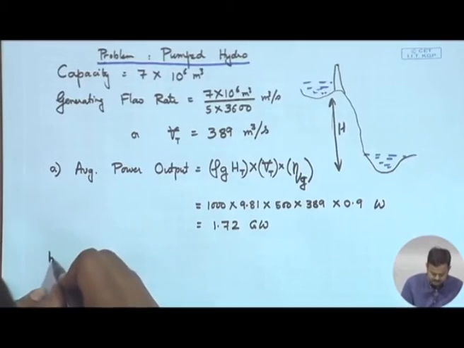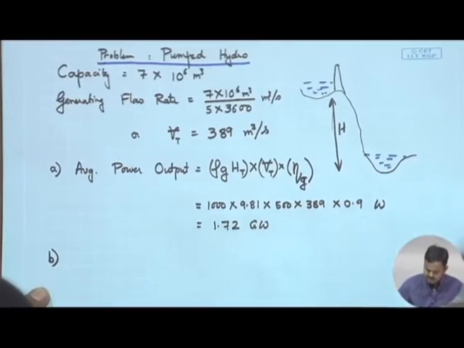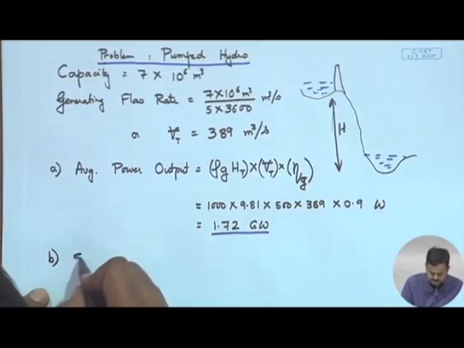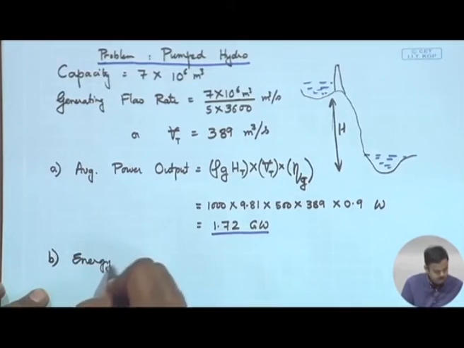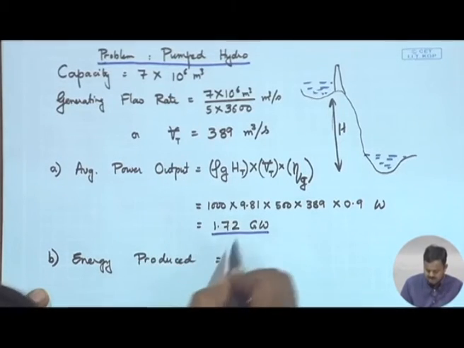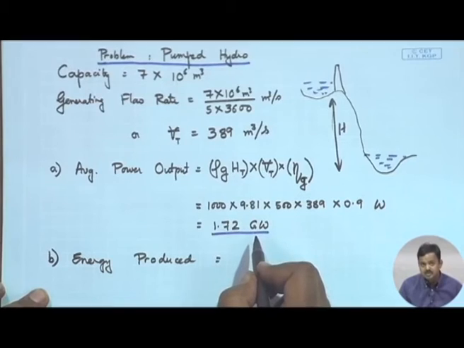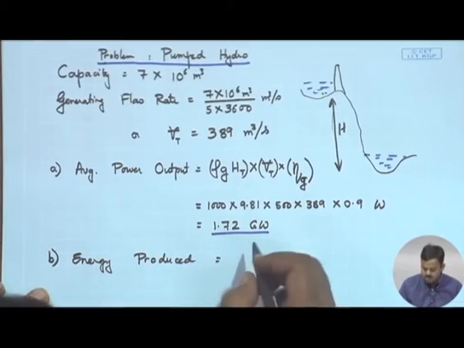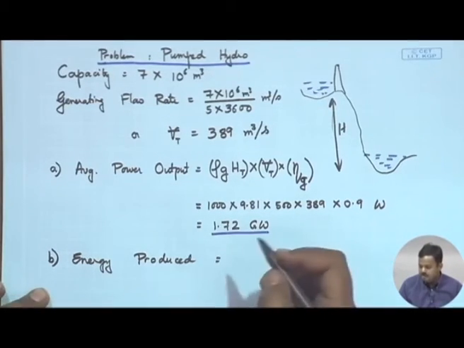Okay. So, this is my first answer. And what is the energy produced? That is easy, because this is the power produced over a period of 5 hours.